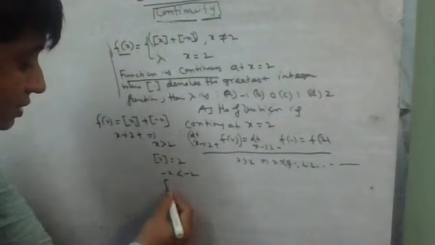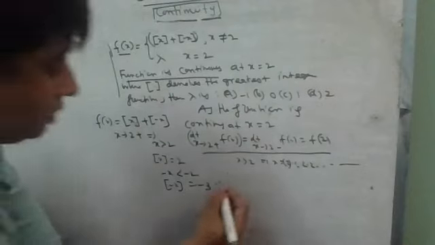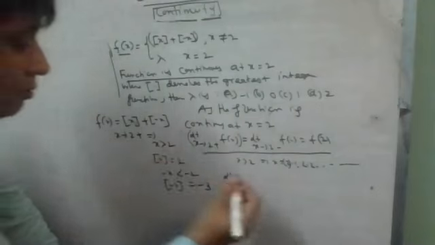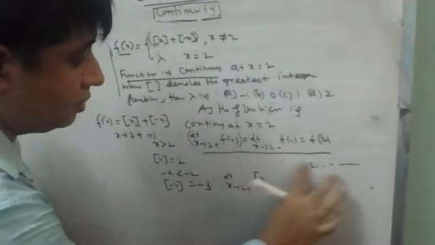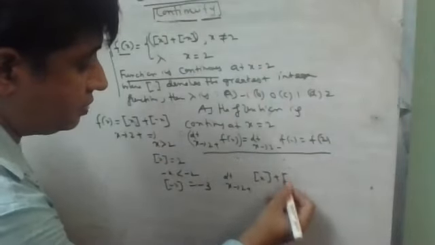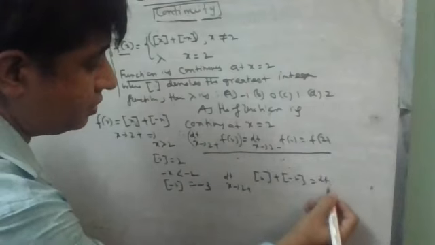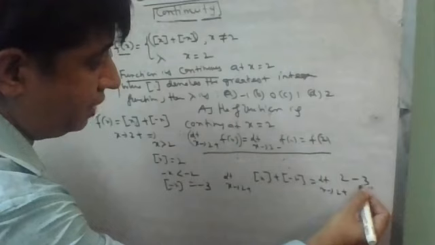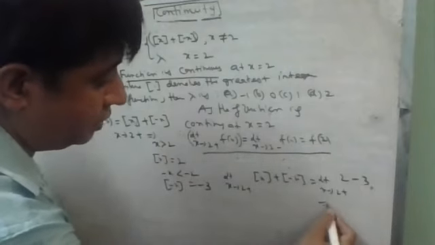So in that case, [-x] gives the previous value, that is minus 3. So the limit as x tends to 2 plus of [x] plus [-x] is 2 minus 3, that is minus 1. So this is the right hand limit.